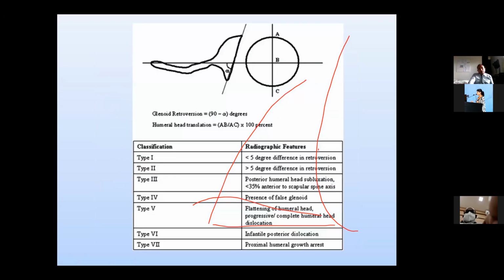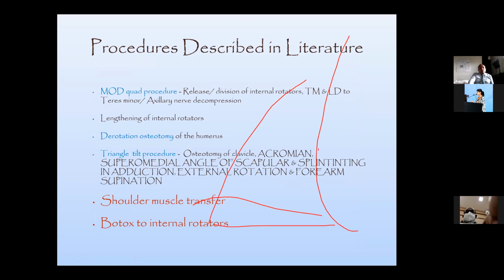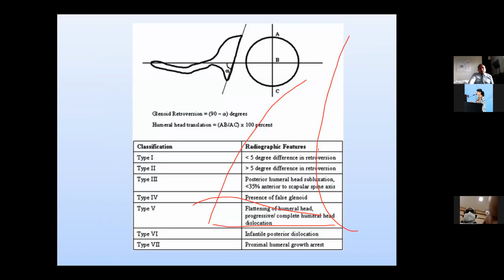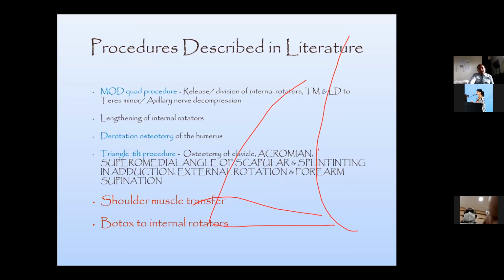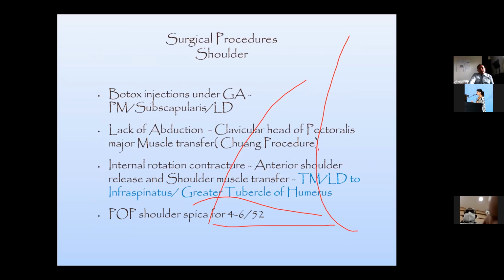If it is Waters 3 and 4, we like to perform surgery, especially shoulder muscle balancing surgery. In the literature a number of surgeries are described, but I perform Botox injections to the internal rotators initially, and if that is not successful, we go for shoulder muscle transfer. Surgical Botox injections are done under GA into pectoralis major, subscapularis, and latissimus dorsi.